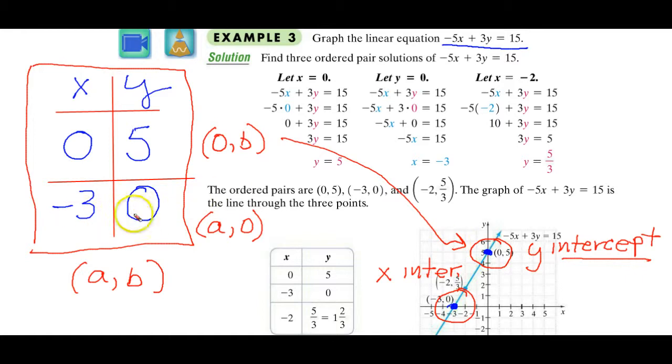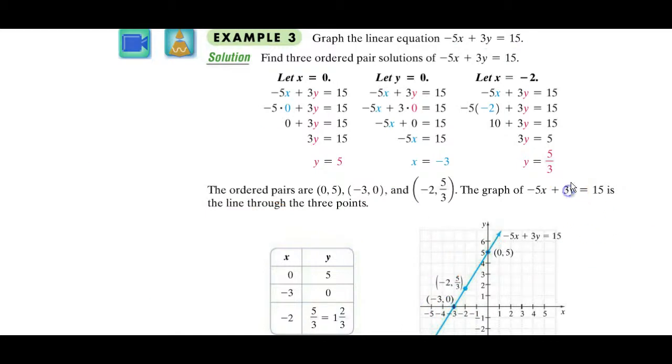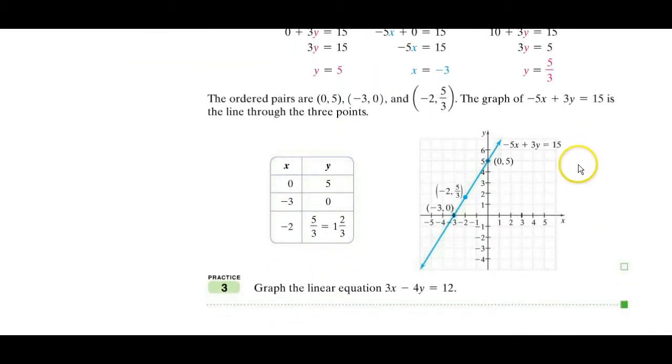And when this is a 0, that is the x-intercept. Okay, lots of stuff going on here, and you could put a third point in there to get another value, make it accurate.